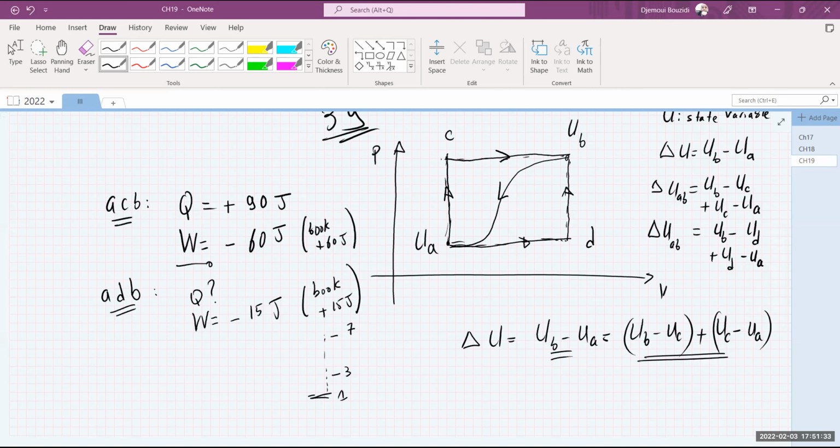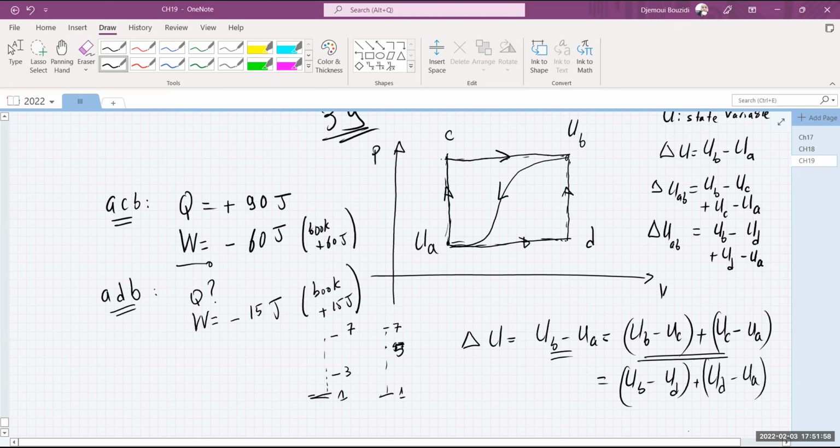Somebody else says, you know what, I don't like this. I'm going to go from the 1st floor to the 5th floor, and then from the 5th floor to the 7th floor. It's the same thing. Somebody else says this thing is actually UB minus UD plus UD minus UA. It's the same thing for them, and that is the other route they took.